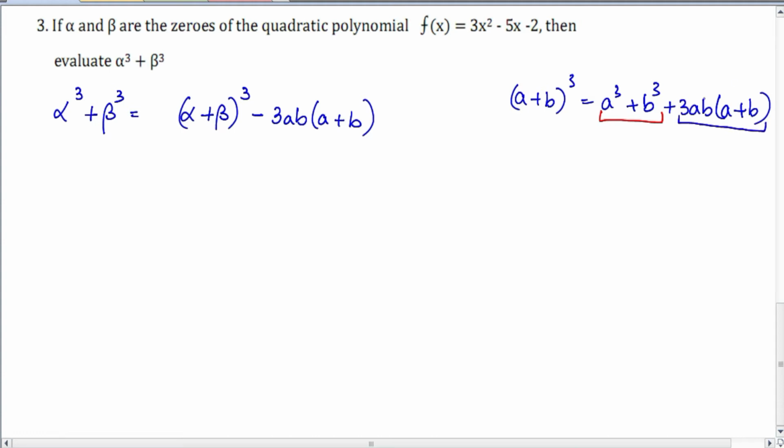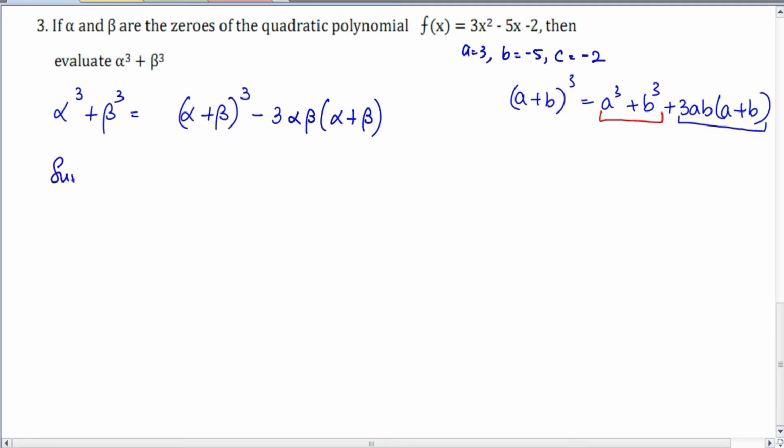It is one single term, so the plus symbol becomes minus when it goes to the LHS. Now alpha plus beta is the sum, alpha beta is the product. We will find the sum and the product and substitute in this equation. From this, a is 3, b is minus 5, c is minus 2.